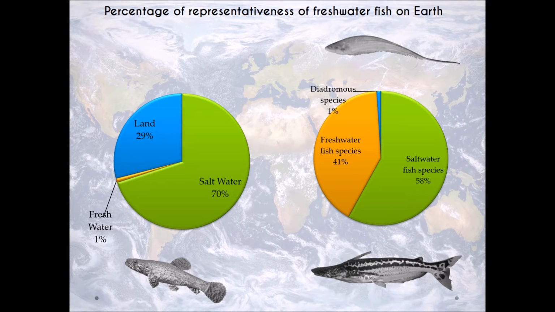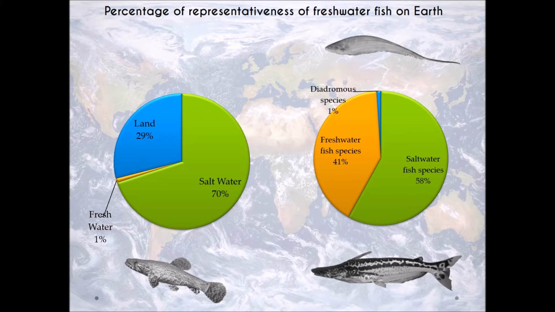Let's take a look at the percentage of representativeness of freshwater fish on Earth. On the left, we have the coverage of the planet Earth, being 29% of land and 70% of salt water. And here we see that just 1% is freshwater ecosystems. On the right, we have in green all the saltwater fish species. They are about 58%.